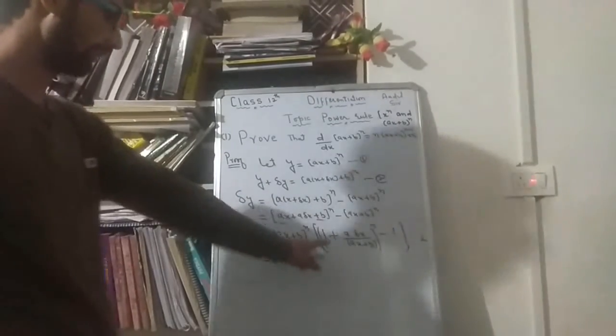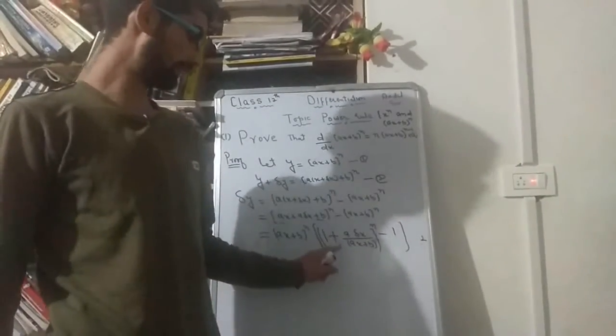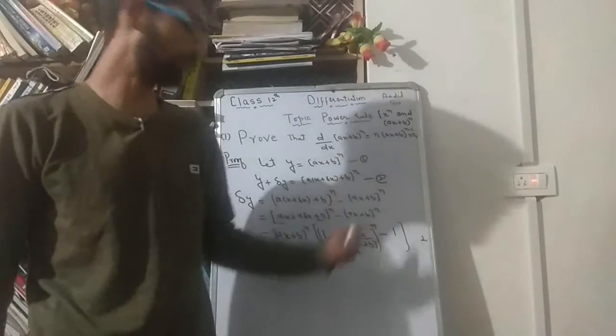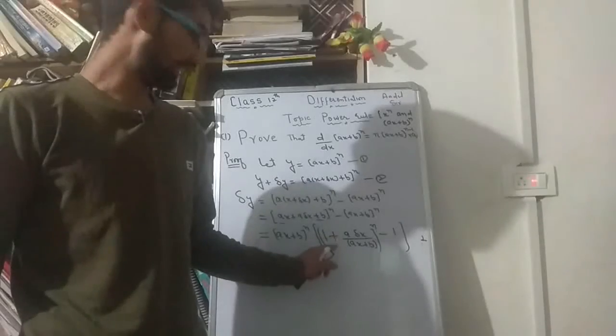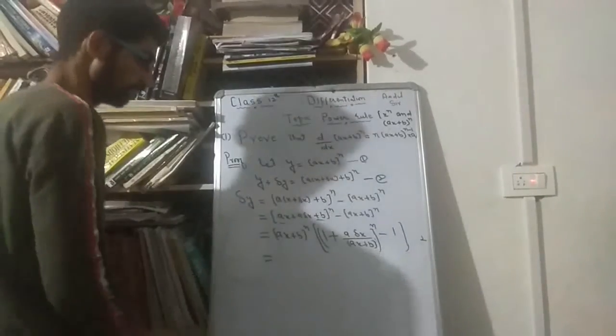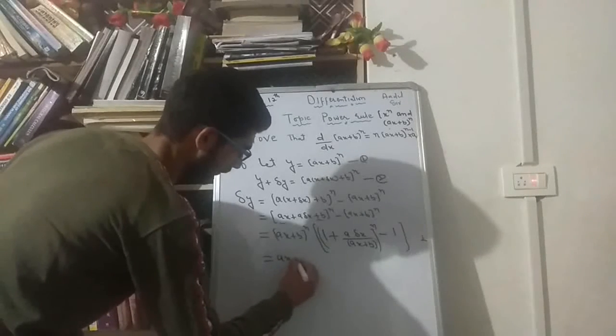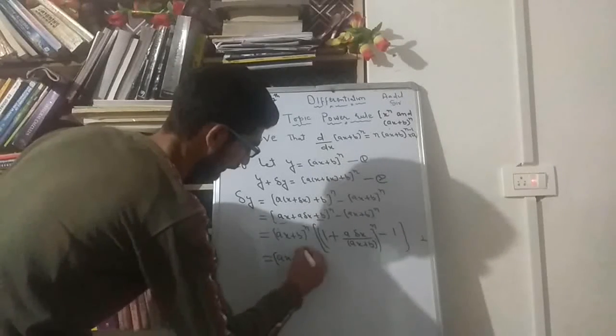Again the formula is (1 plus a) raised to the power n. By the binomial theorem we can give its expression, so here it will be (ax plus b) raised to the power n.